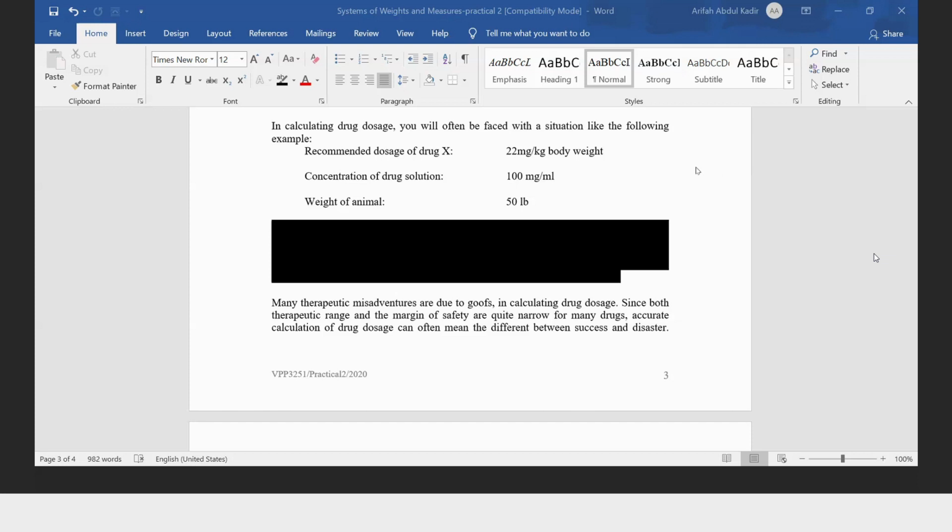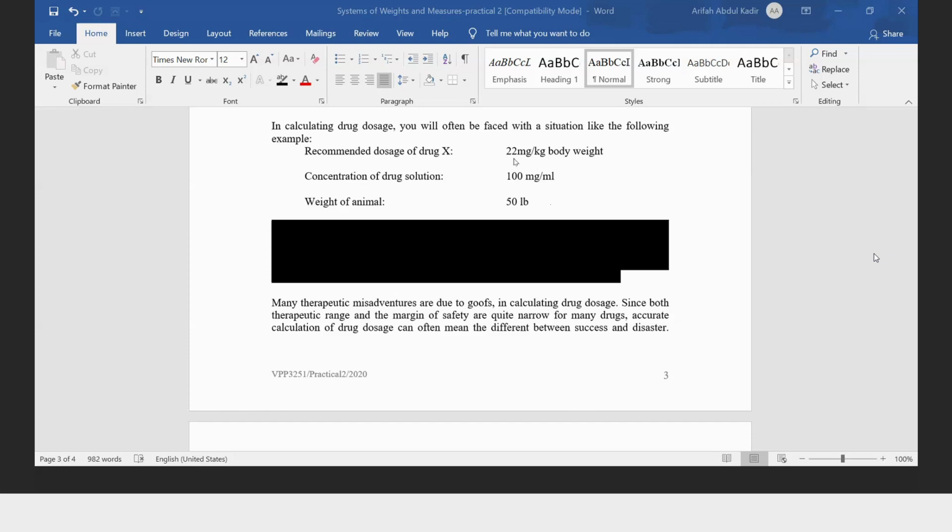So class, did you understand how Fikri got 5 ml? He first converted pounds to kilograms. Since 1 kilogram is 2.2 pounds, 50 pounds is 50 divided by 2.2, roughly 22.7 kilogram. So the weight of the animal is 22.7 kilogram.